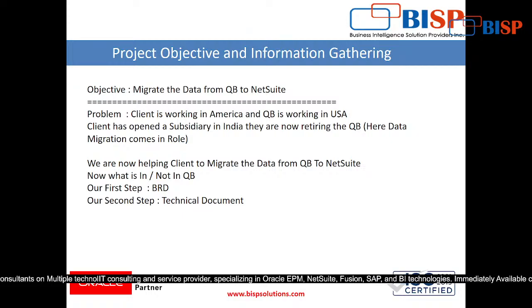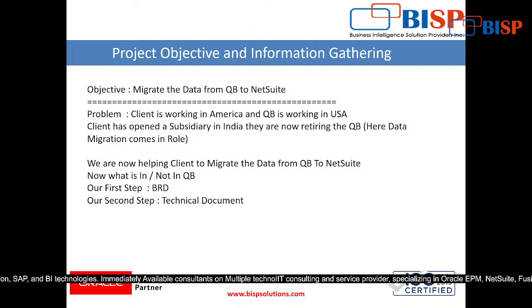Now QuickBooks works in America only. Now they need an ERP which should be cloud-based and which should help them. So they opted for NetSuite. Now why NetSuite? Because NetSuite supports the Indian accounting system also. So here is where our role comes. We are here to migrate the data from QuickBooks to NetSuite, right?